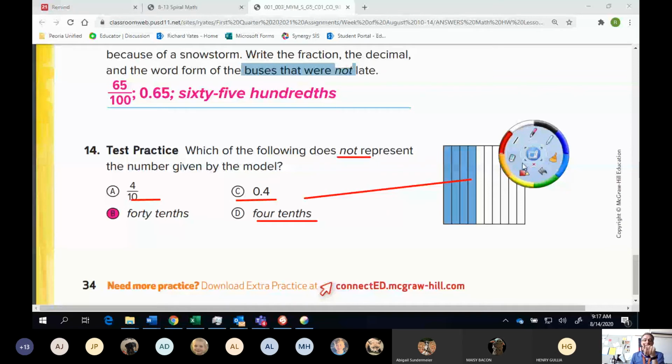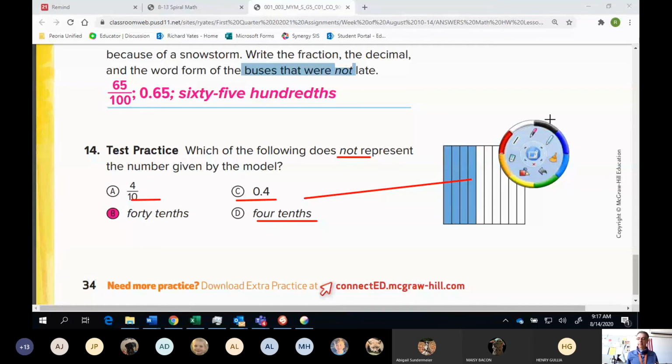The only one that does not actually show 4/10 is 40/10. 40/10 is actually the number 4. So that one is the correct answer because it does not show this model. So if you got tricked on that one and maybe you put A, C, or D, put reading error because you didn't see that word not. If you did, then you got this one correct.